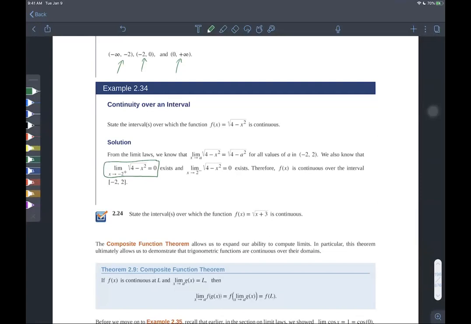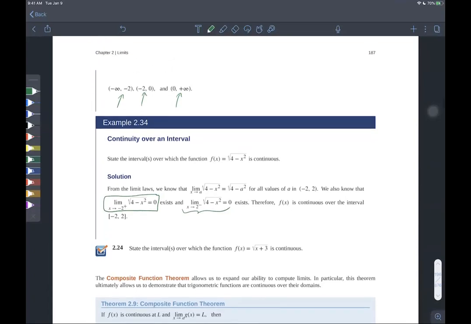And the limit as x approaches 2 from the left, this was the other side, is also equal to 0. And therefore it exists. Therefore, f of x is continuous over the interval from -2 to 2 inclusive, right? That's a closed interval from -2 to 2.